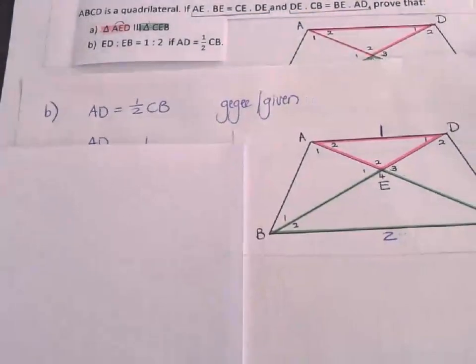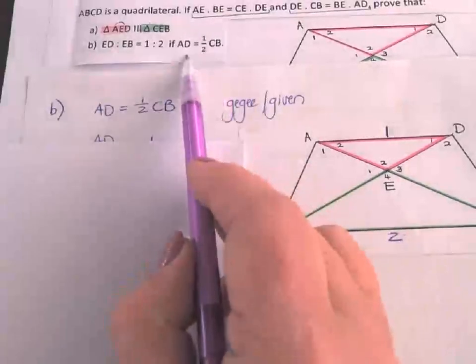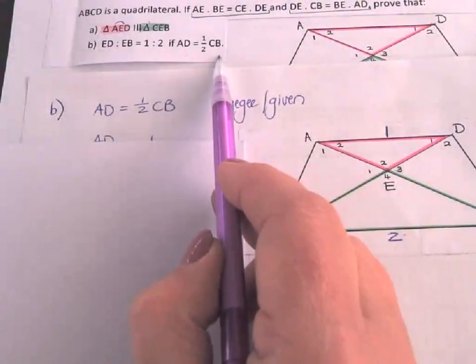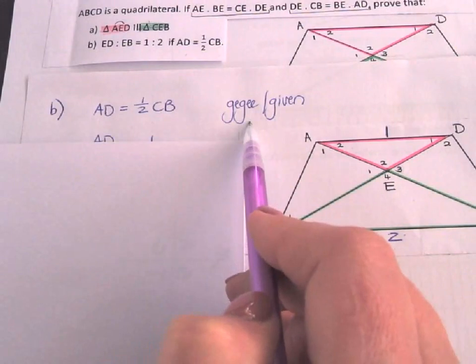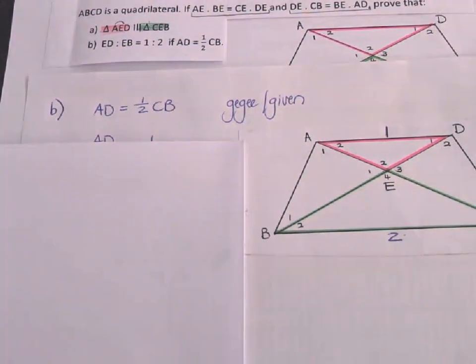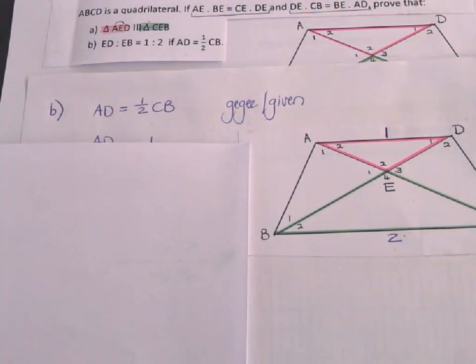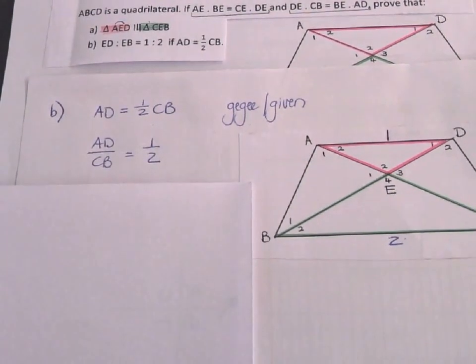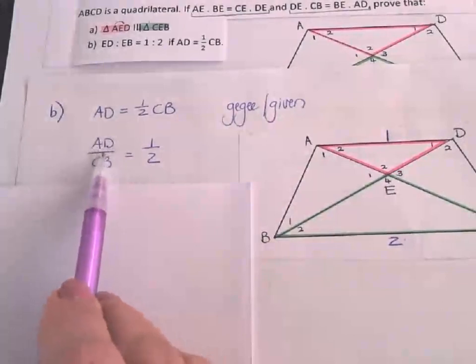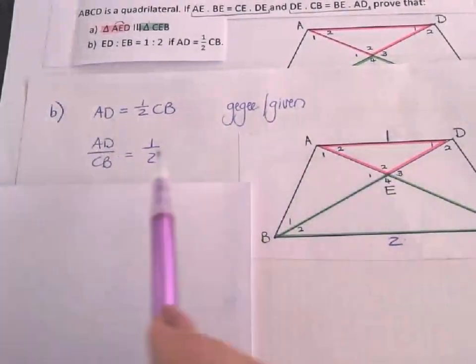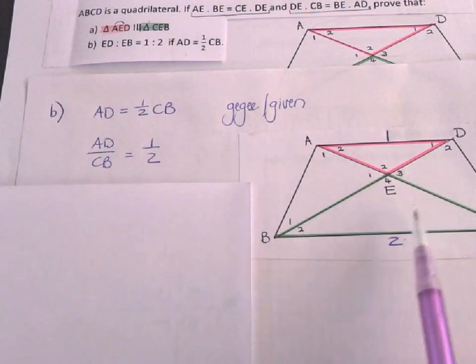With number B, they give you that AD is a half of CD. So that's given. Now you can divide on the right hand side with CB, and then you get a proportion. Therefore, the side length AD is 1 and the side length CB is 2.